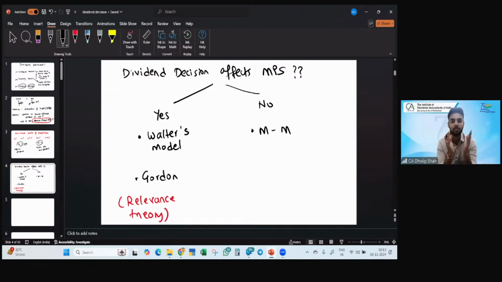Similarly, here also, MM is always on the negative side in financial management. Here also, according to MM, the dividend decision of the company can be anything, be it 10%, 60%, 50%, 0%, 100%. It will not have any impact on the market price of the company. It will not have any impact on the wealth of the shareholders. It will not have any impact on the market value of the company.